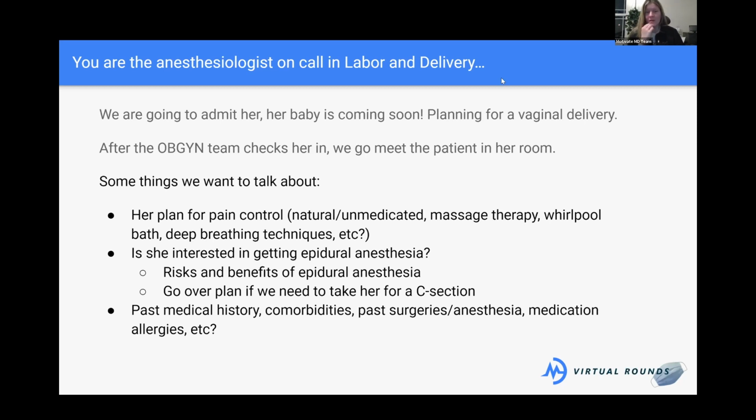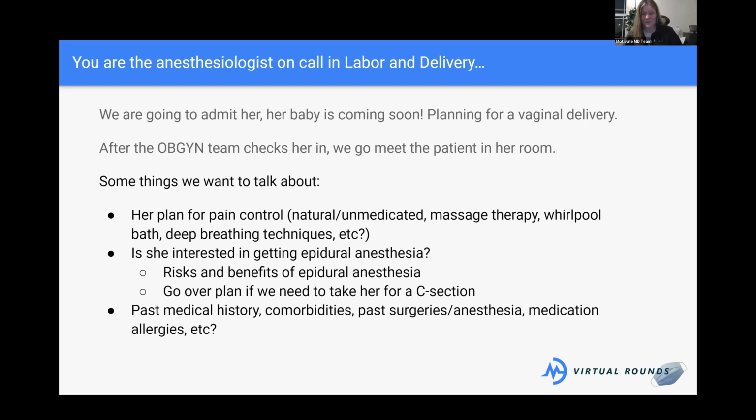Her plan for pain control, like I mentioned, some patients do have the preference of doing a natural or unmedicated birth. Others would like to utilize techniques like massage therapy, a whirlpool bath, deep breathing techniques, maybe aromatherapy, music, distraction, things like that to help them better tolerate the pain without using invasive or medical interventions.